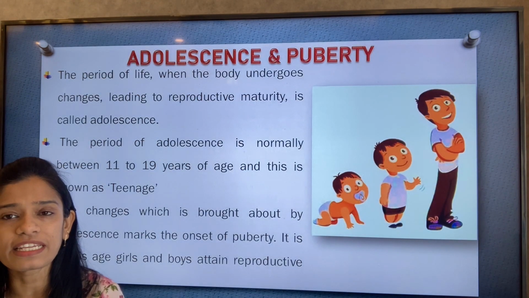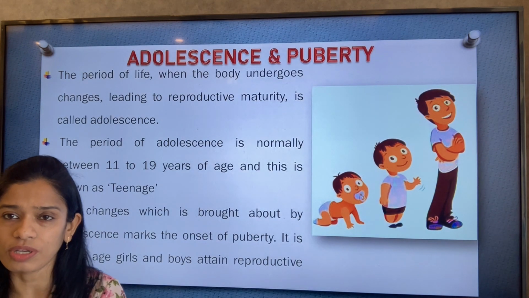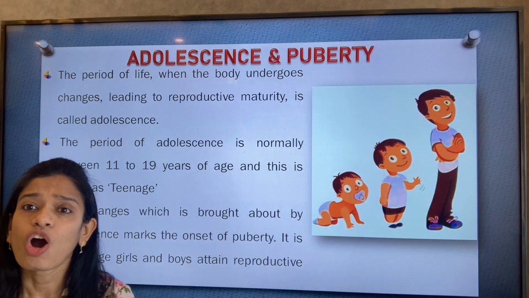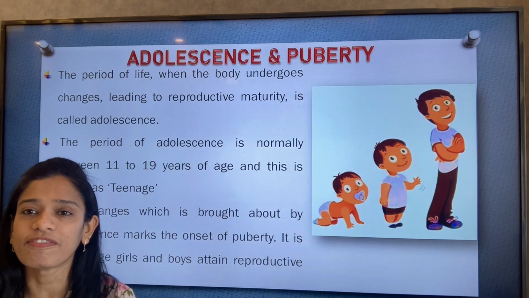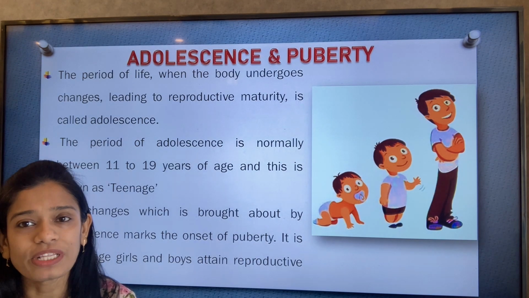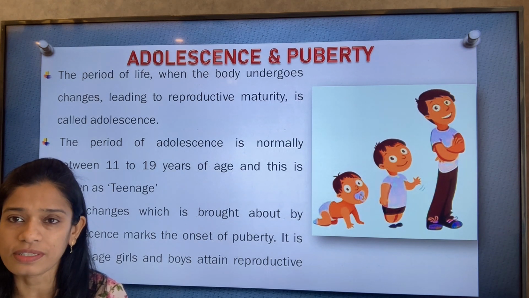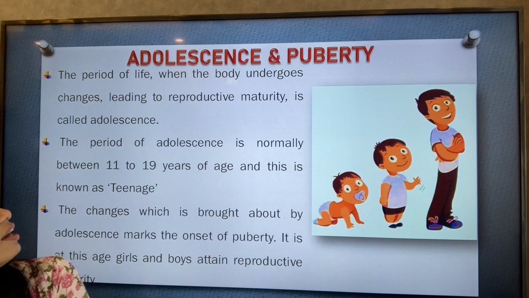So the first thing is adolescence. What is adolescence? You students who are listening to this video have heard that you are now in the adolescence age. So what is adolescence? It is the period of life when the body undergoes changes leading to reproductive maturity.